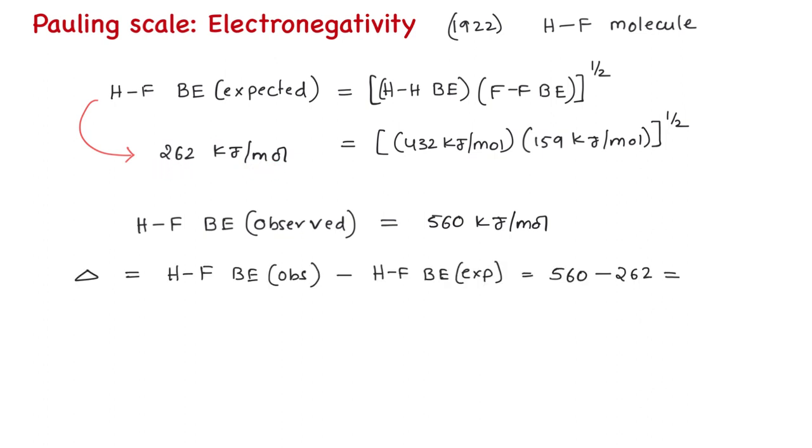The difference between these two values, delta, is equal to 560 minus 262, which is 298 kilojoules per mole. He attributed the difference between the expected and the observed bond energy to the difference in electronegativity values between hydrogen and fluorine atoms.